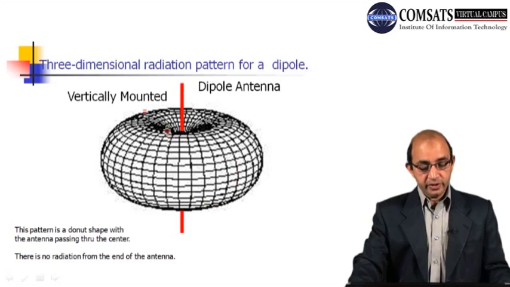You can see we have vertical mounts, and we also have horizontal mounts. The pattern is a donut shape, so it looks like a donut with the antenna passing through the center. Here we have the antenna, and the radiation pattern is all around the antenna. There is no radiation from the end of the antenna.